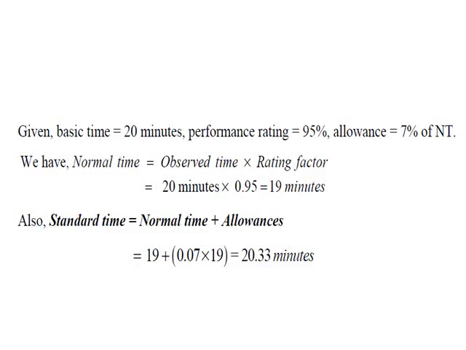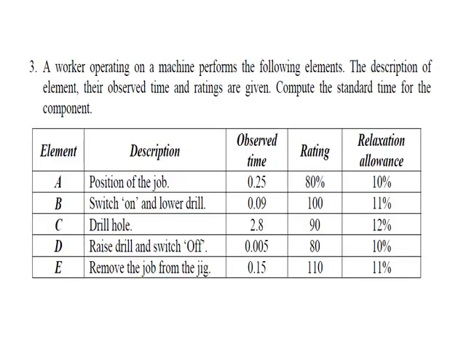And the third example, the last example, is similar, but the only difference is that here the observed time, rating factor and relaxation allowance are given for each sub-element, not for the entire work. The entire work is the sum of A plus B plus C plus D plus E. A worker operating on a machine performs the following elements.